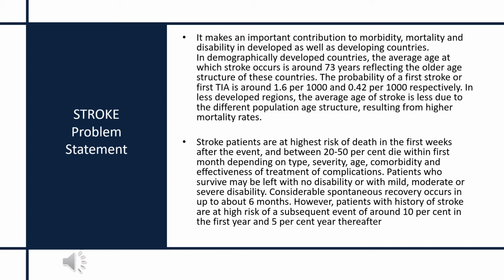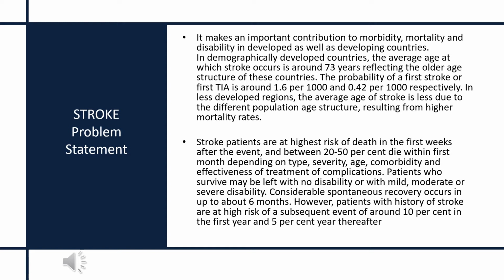And of course, the effectiveness of treatment of complications, and the availability of treatment, availability of health services also have an effect on mortality. The people who survive are left with mild or moderate or severe disability, or they may have no disability. This also depends upon many factors.